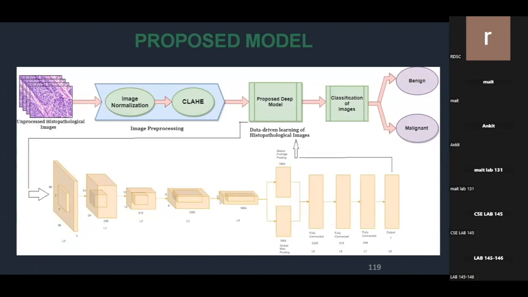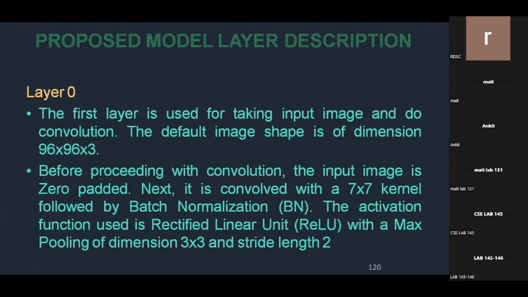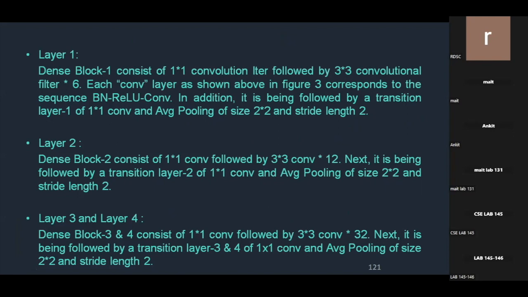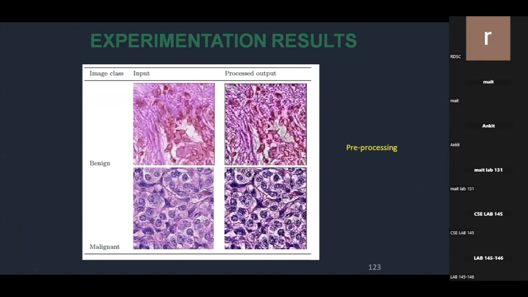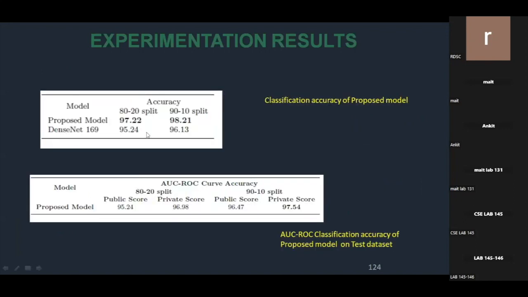We designed our own deep architectures, and this is a layer by layer description: which layer is for what convolution size, which filter, and what hyperparameters are associated. Once we were done, we got these results. DenseNet 169 is the best available network on this data set.